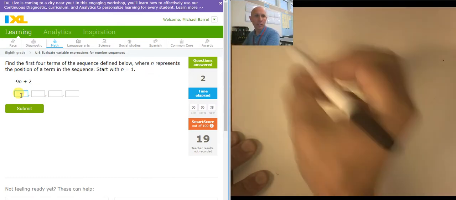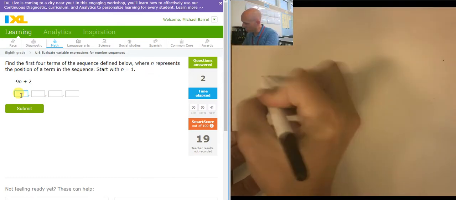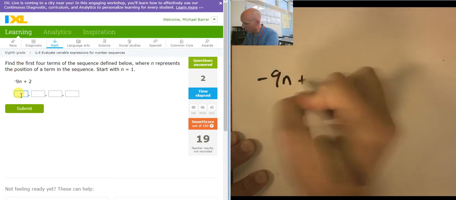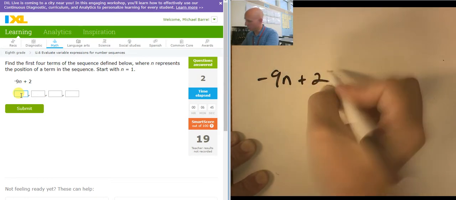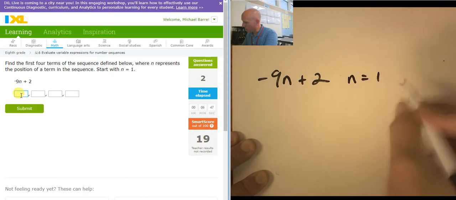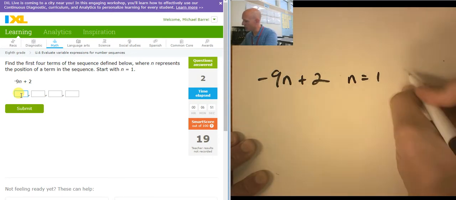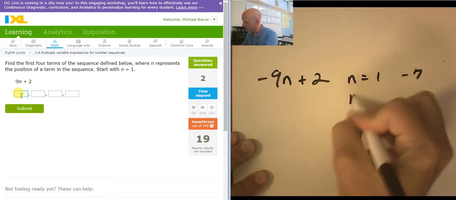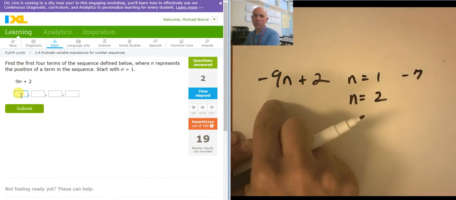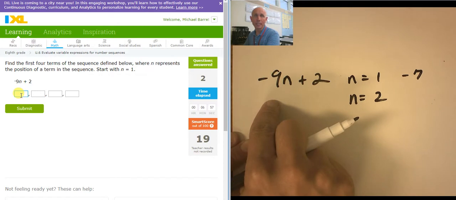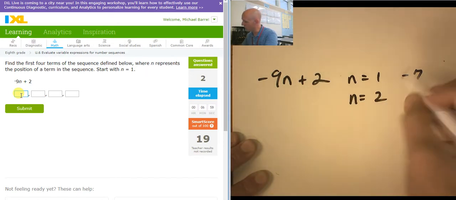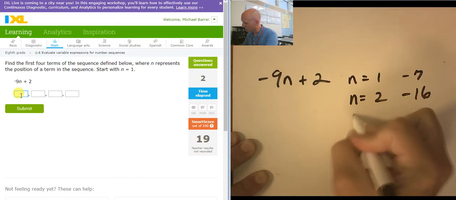What's our function here? Negative 9n plus 2, and it says to start at n equals 1. Negative 9 times 1 is negative 9, plus 2 is negative 7. N equals 2: negative 9 times 2 is negative 18, plus 2 is negative 16.